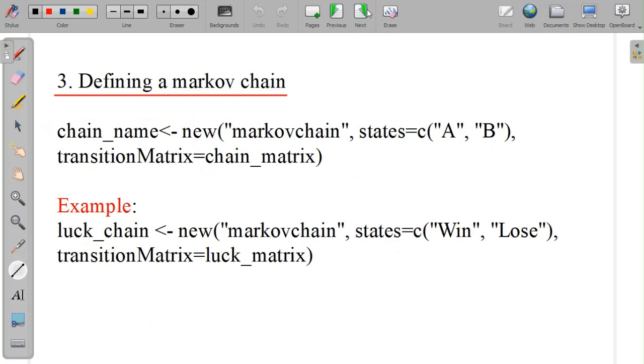So it is essential that before this command, we have already declared the TPM of the corresponding Markov chain. For example, I have declared a Markov chain called luck chain, in which there are two states, win and lose, and whose transition probability matrix is given by the matrix luck matrix, which must have been defined before this declaration.